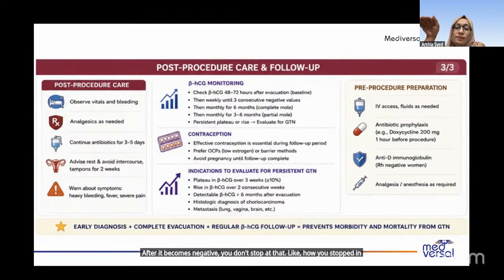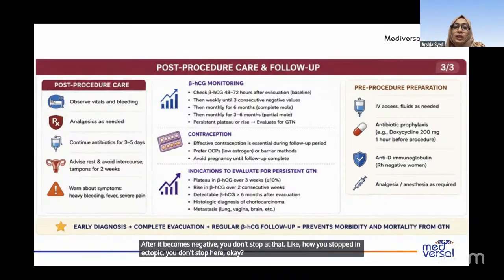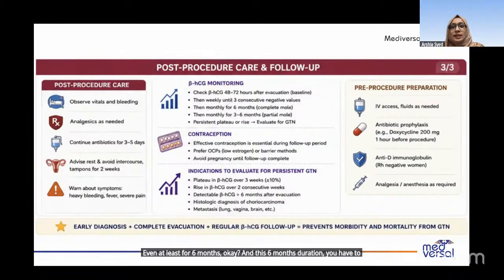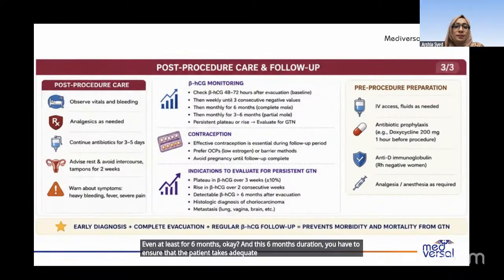You continue monitoring monthly for the next 6 months. So basically you have to monitor the patient for at least 6 months, and during this 6 months, you have to ensure that the patient takes adequate contraception.